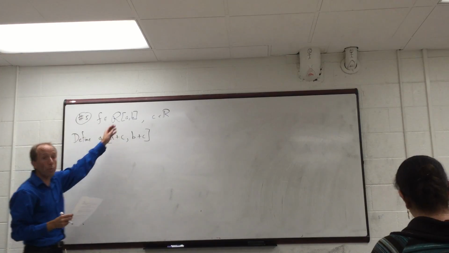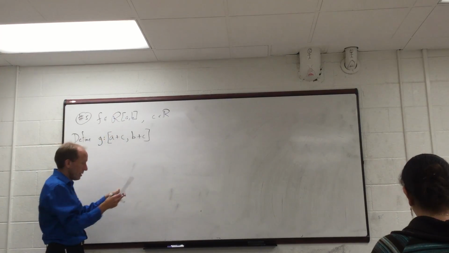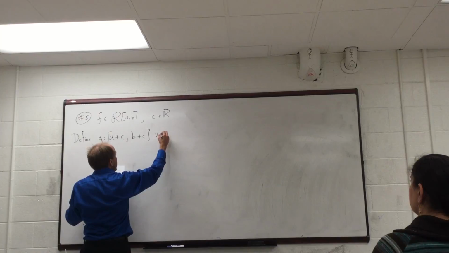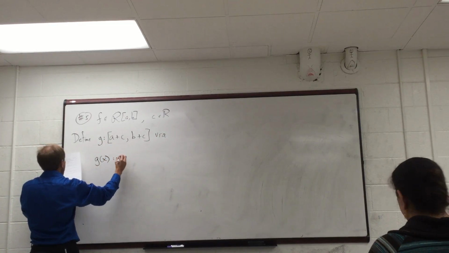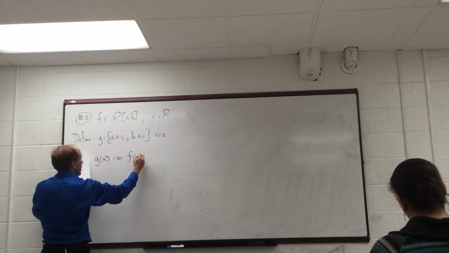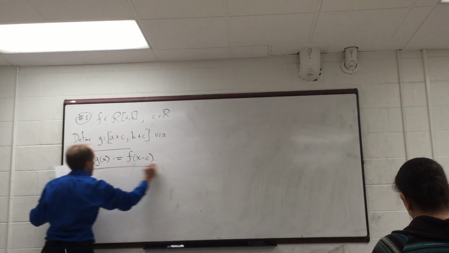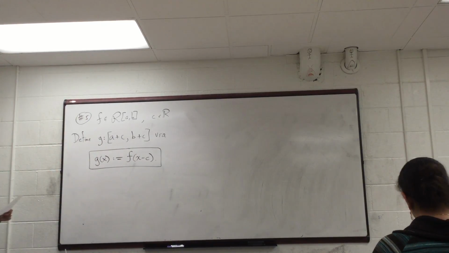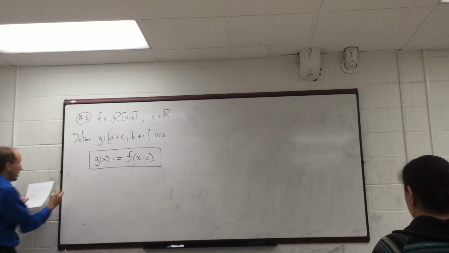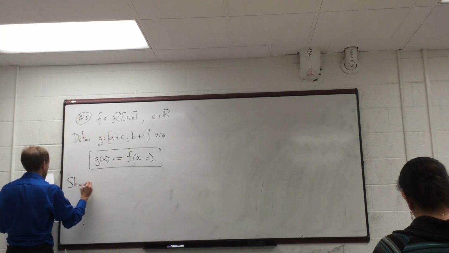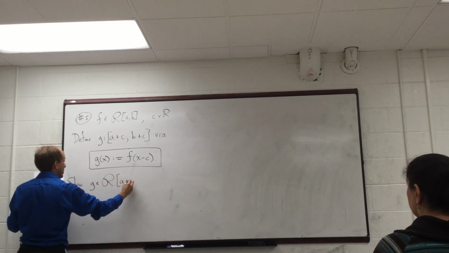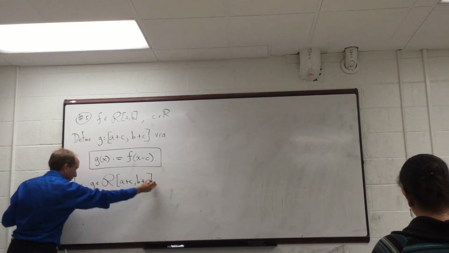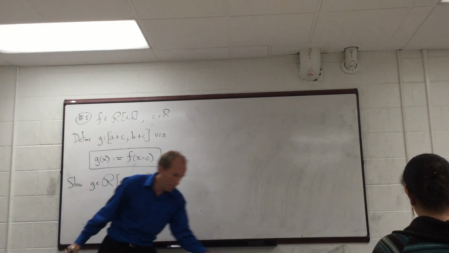So it's not the same domain. The formula for g is g of x is defined to be equal to f of x minus c. So this is our formula for g. And then we want to show that g is Riemann integrable from a + c to b + c.